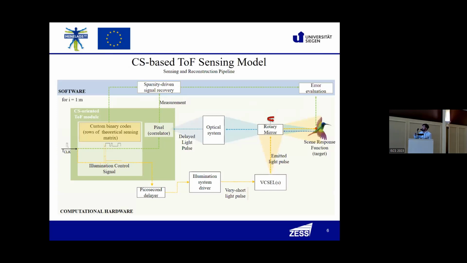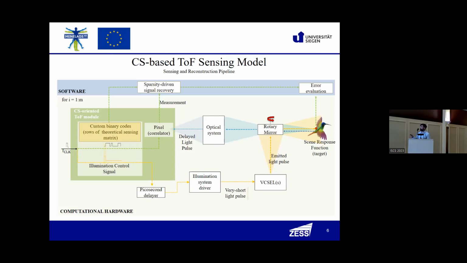So this is the mathematical model, and this is the translation to our camera. We have a hardware, basically a compressive sensing oriented time of flight model, with a clock frequency, and then we generate a number of custom binary codes. At the same time, we generate an illumination control signal. This illumination control signal is introduced into a picosecond layer, and then is sent to a driver that will reduce as much as possible the pulse width of the illumination signal.